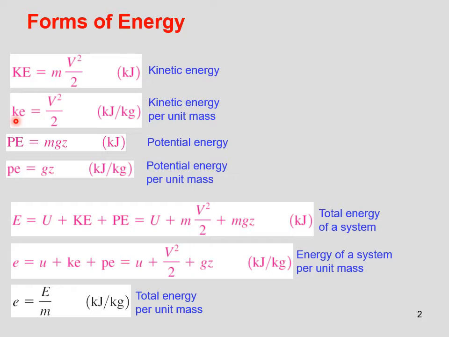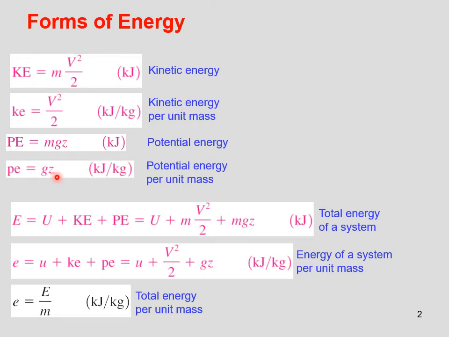We don't specifically know how much mass we have because it's a flowing liquid, so it's more common to use the flow rate, because you can measure flow rate with an instrument. Similarly, we define the potential energy as mgz. Again, notice this is in kilojoules, the preferred unit. We can define the potential energy per unit mass as the potential energy divided by mass.